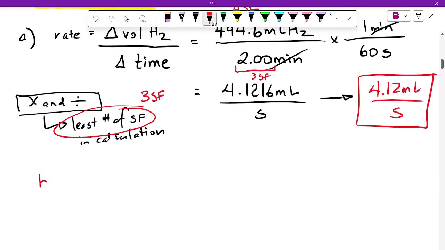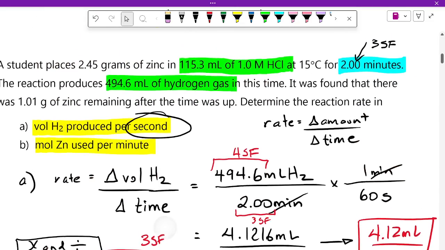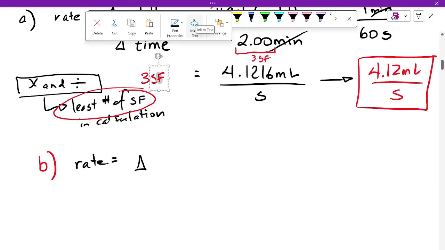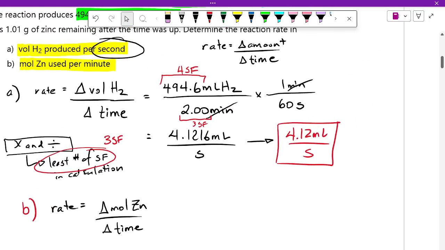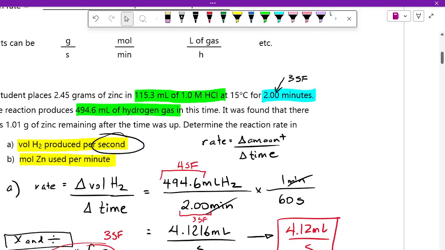Okay, so B is going to be rate is equal to a change in moles of zinc over a change in time, but I do not have moles of zinc yet.